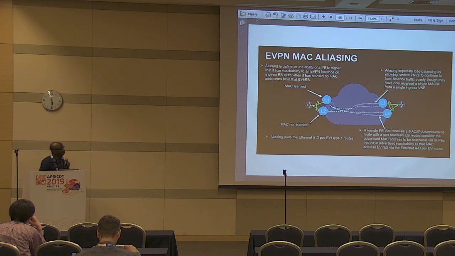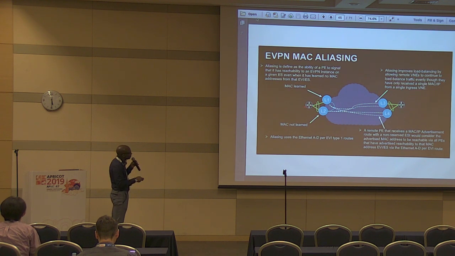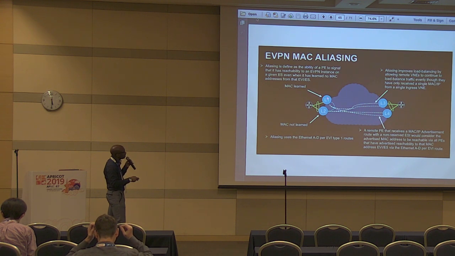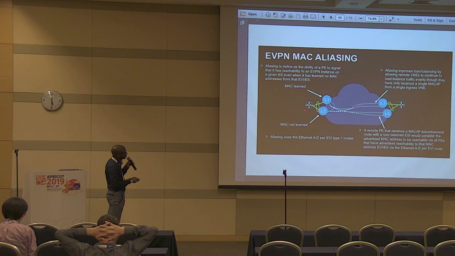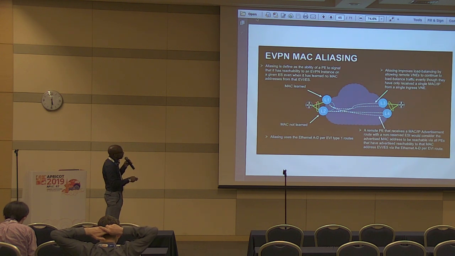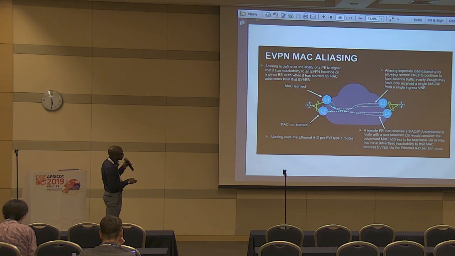So what that is saying is, depending on the hashing algorithm of the CE, if leaf 1 only learns the MAC address from this guy, it will advertise that using a type 2 route to all the remotes and to this guy as well. Without aliasing, L3 and L4 would send the traffic only to L1, even though they could actually load balance the traffic to L1 and L2, because L2 is connected to the same Ethernet segment.